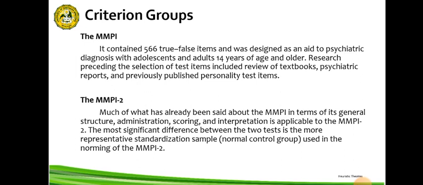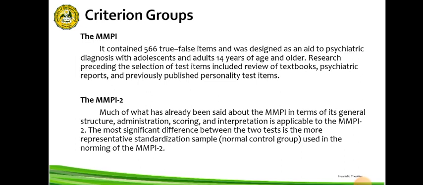The MMPI personality test was updated in 1989 and thus became known as the Minnesota Multiphasic Personality Inventory's second version, or the MMPI-2. The MMPI-2 is intended to be administered and interpreted by a clinical psychologist or psychiatrist on patients over the age of 18.